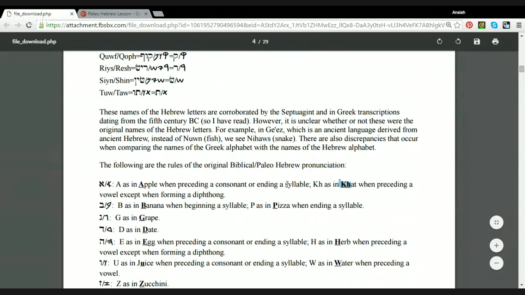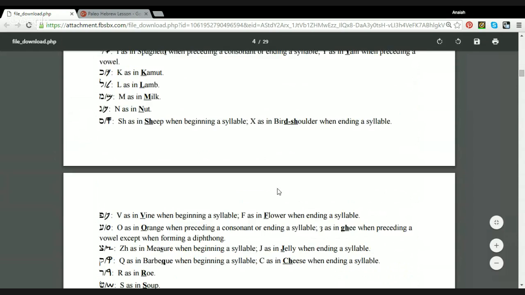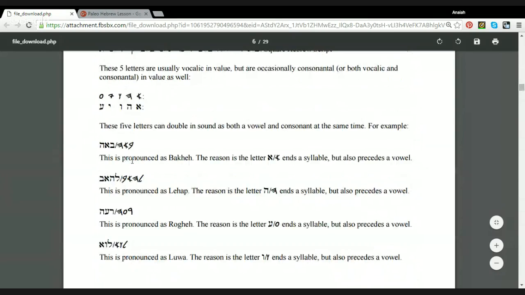Since it's doing both, it's to be pronounced as both. So you double it. You say baket. And then for this, same thing. It's the same principle. Lehap. So le, you hear the e sound, but then it also doubles as a h.